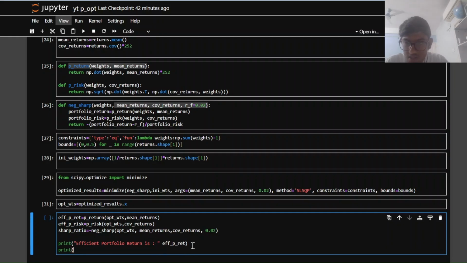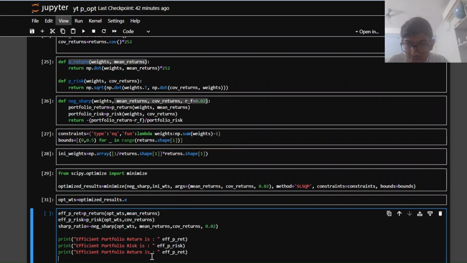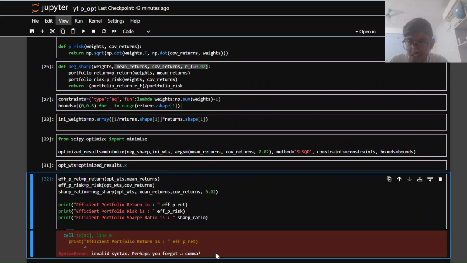And then print efficient portfolio risk and efficient portfolio Sharpe ratio, right? So risk is efficient portfolio risk, and finally efficient portfolio Sharpe ratio is the Sharpe ratio right over here. And let's see what we get. Okay, what happened? Oh, right.